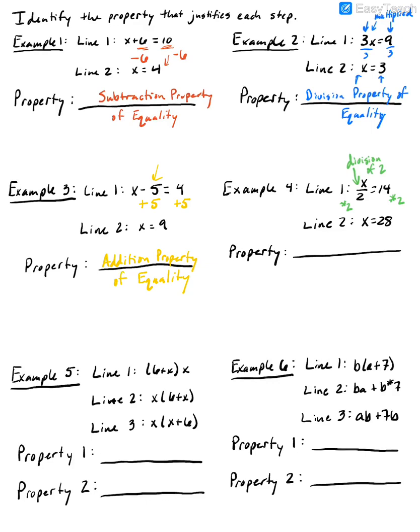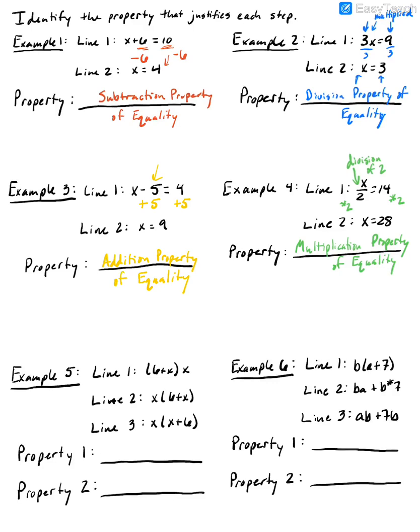So 14 times 2 is 28. 2 times x divided by 2 would be just x. So here, this would be the multiplication property of equality. Okay.